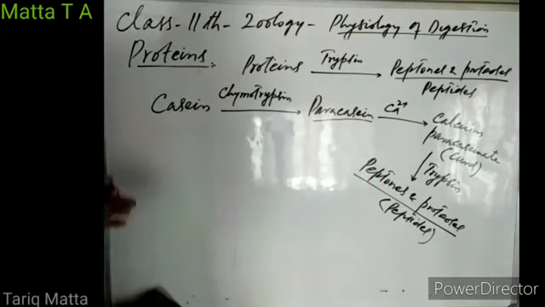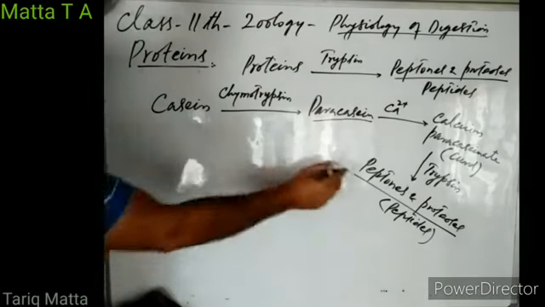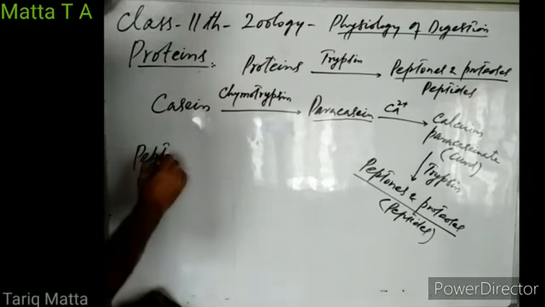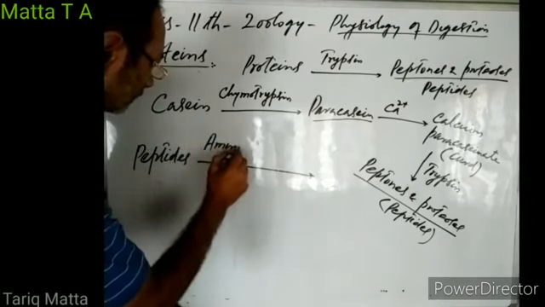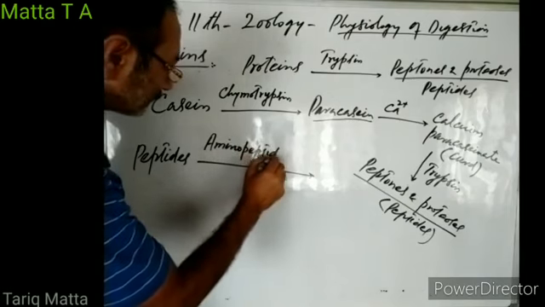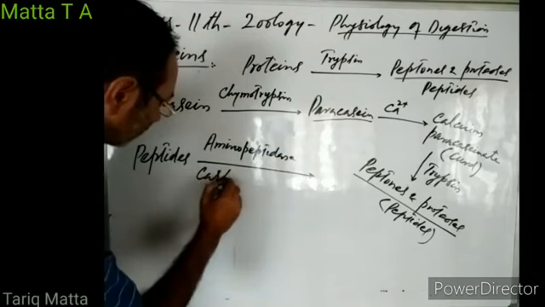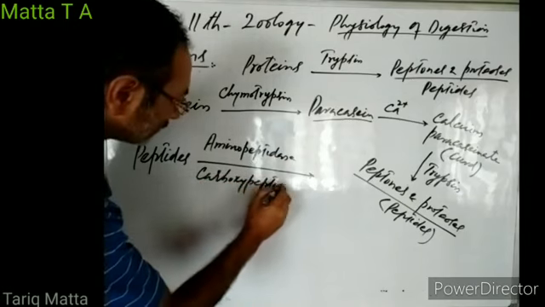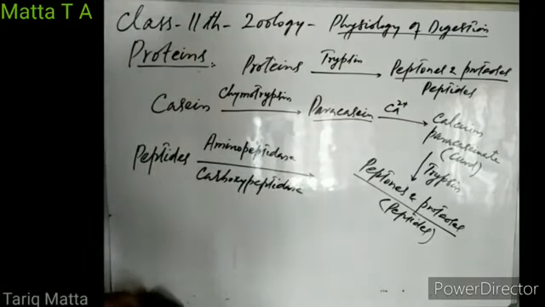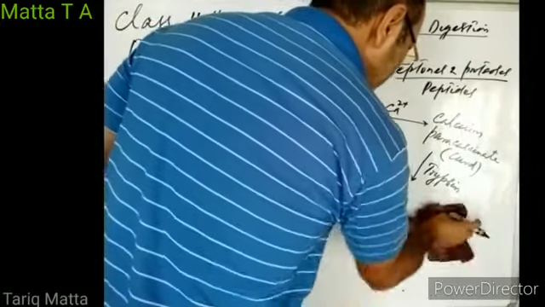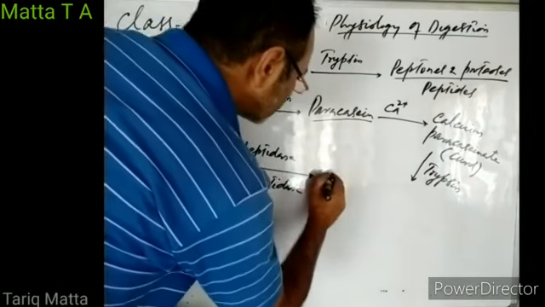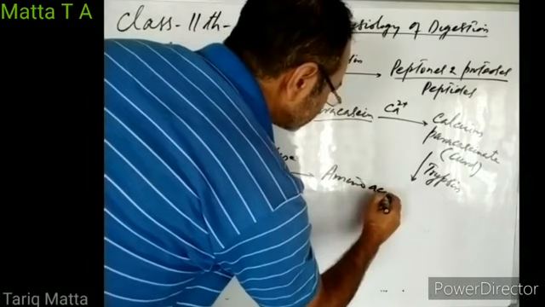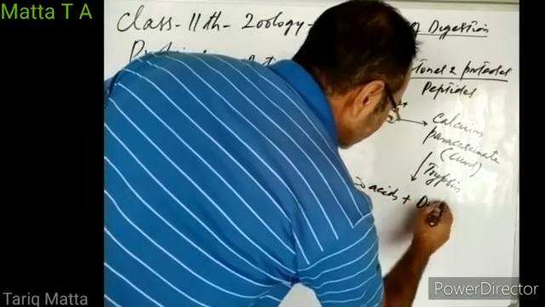Now these peptides are acted upon by aminopeptidase and carboxypeptidase simultaneously, and they release amino acids, and at the end a dipeptide is released.